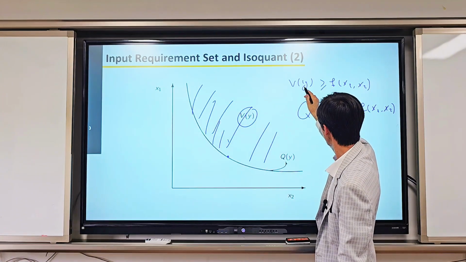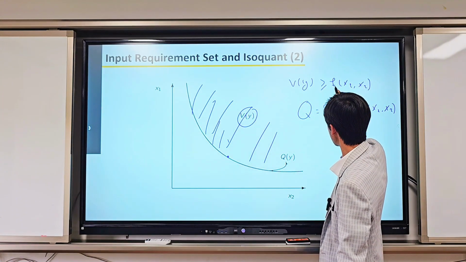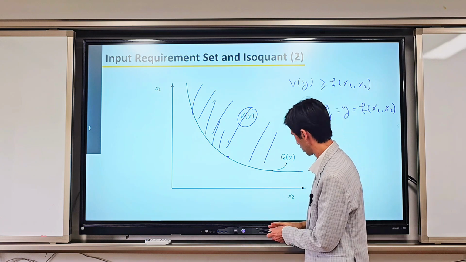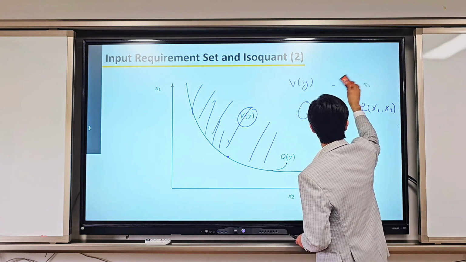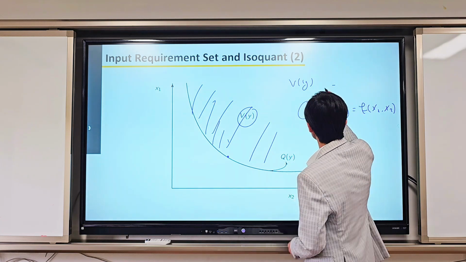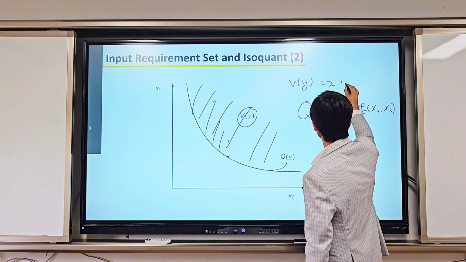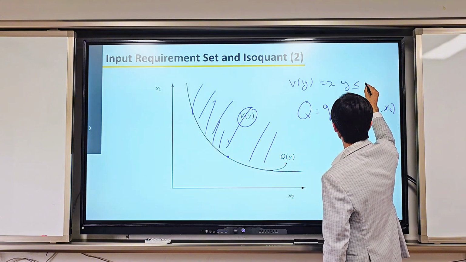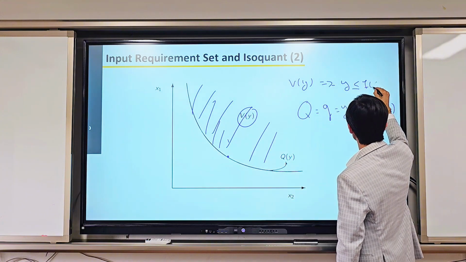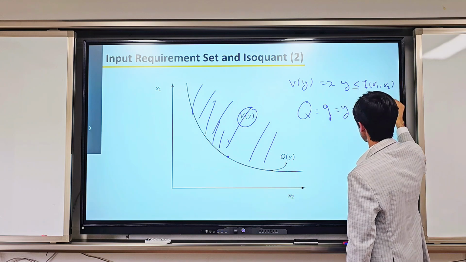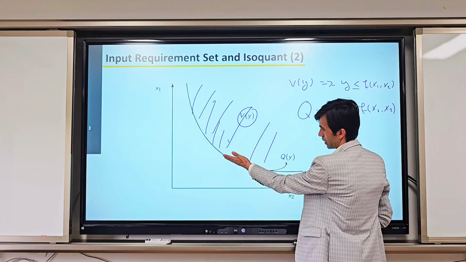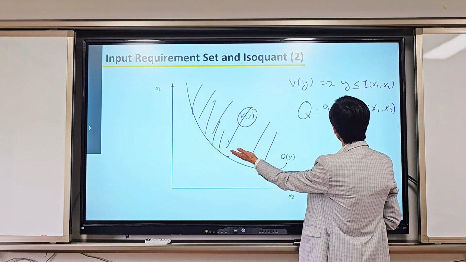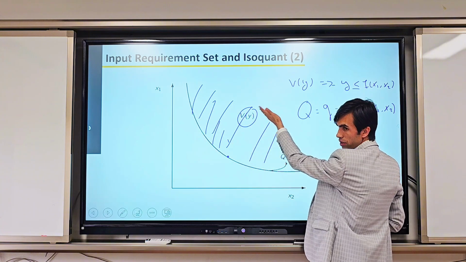So then V(y) is equal to the set of x such that y is less than or equal to f of x1 and x2. So this is your y, and this is your input requirement set.